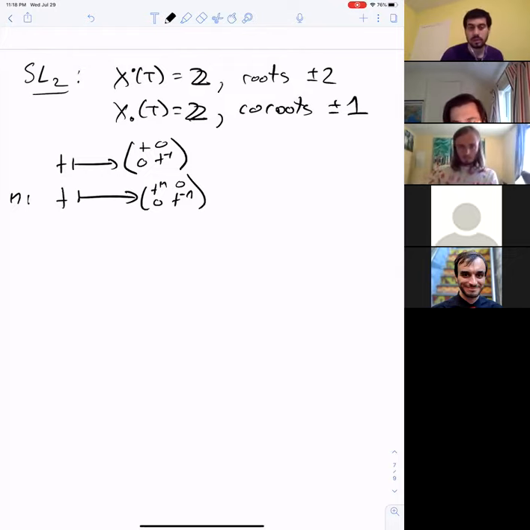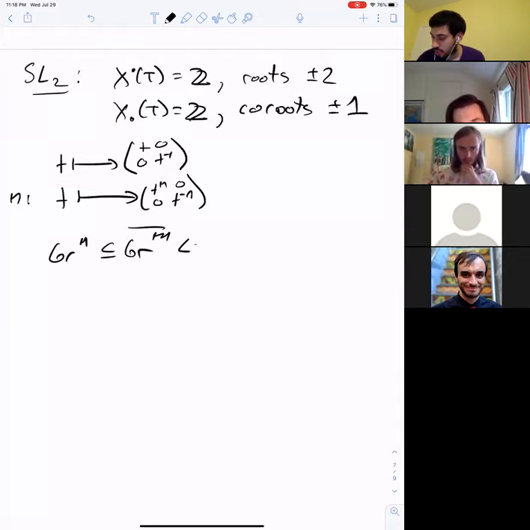So there's only one connected component, and if we label these Schubert cells by integers, then we will literally just have GR_n is contained in the closure of GR_m if and only if n is less than m. So in general it's always a good sanity check to make sure things work for SL2.